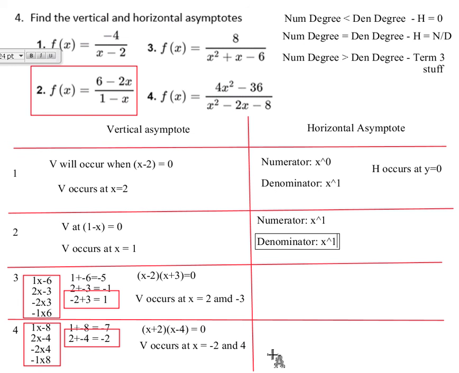Okay, so here we have the numerator degree equals the denominator degree. Now this is what we did in that lesson on horizontal asymptotes. So the horizontal asymptote occurs at a fraction of the coefficients of the biggest degree in the numerator divided by the biggest degree in the denominator.